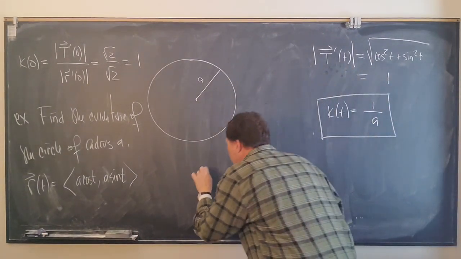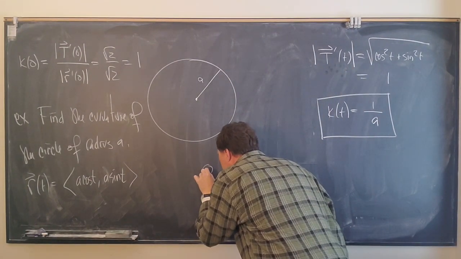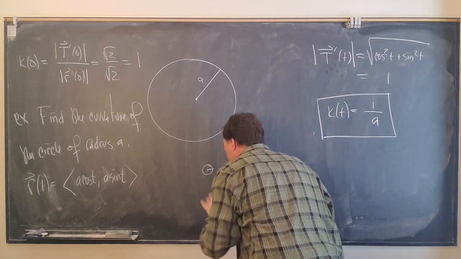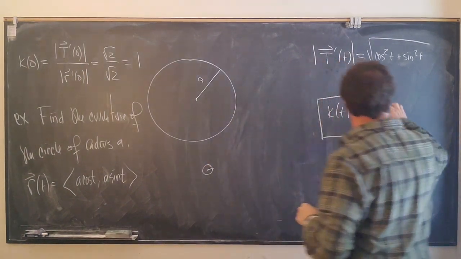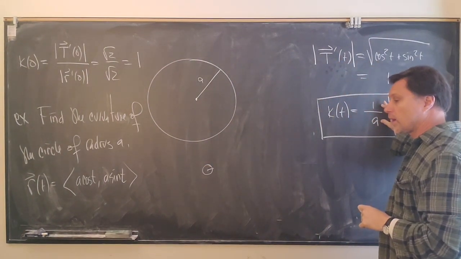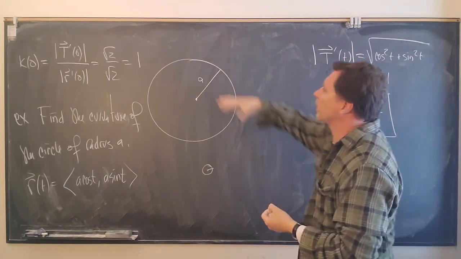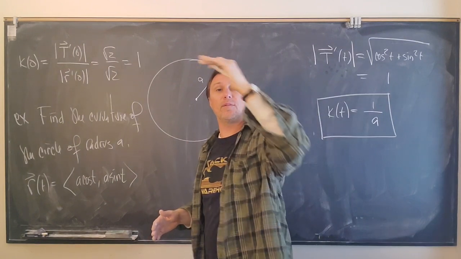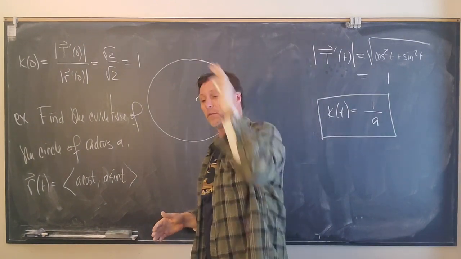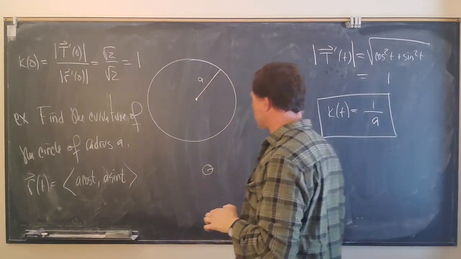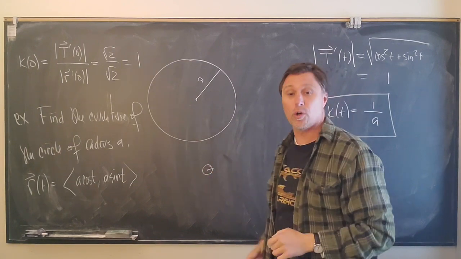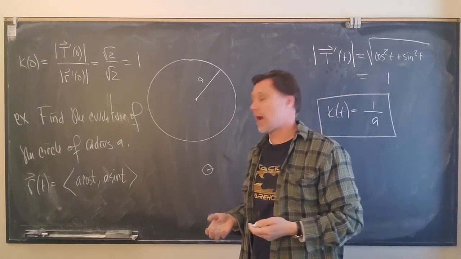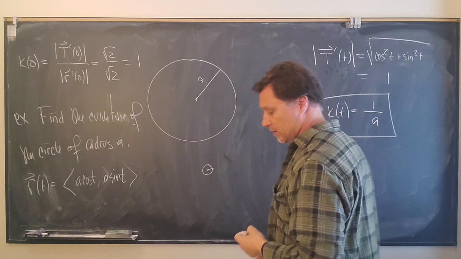If a is tiny, if you make a tiny little circle there, right? If a is small, then the curvature is large, right? So this should make sense, right? If you're going around a really big circle, in fact, if this was gigantic, then you might hardly even be able to tell that you're curving, right? As you travel around the circle. But on a real tight circle, you would expect the curvature to be very high, right? So this formula hopefully makes sense.